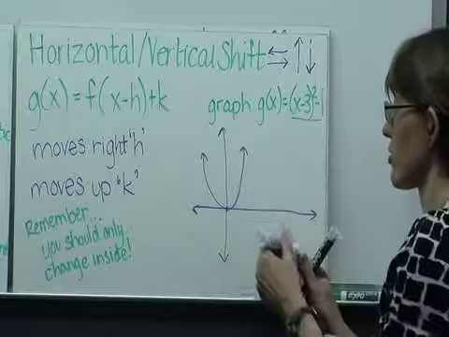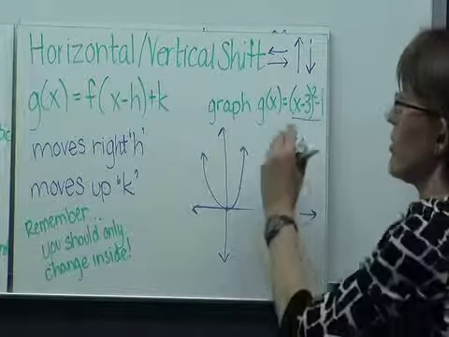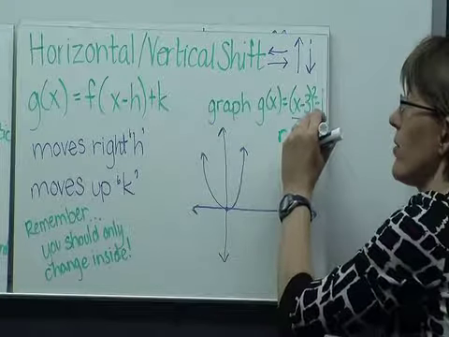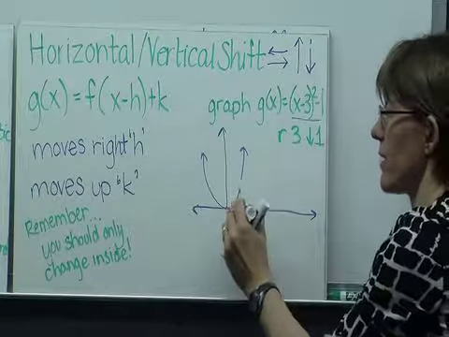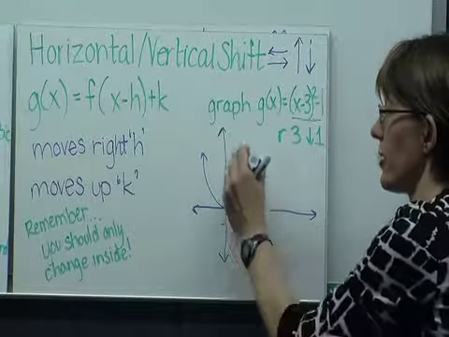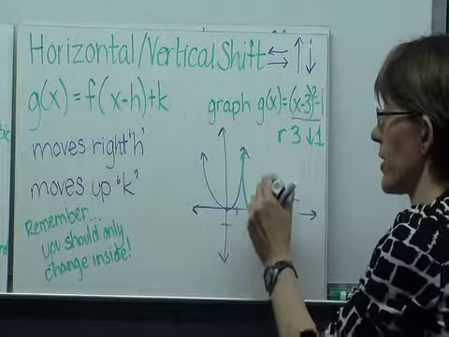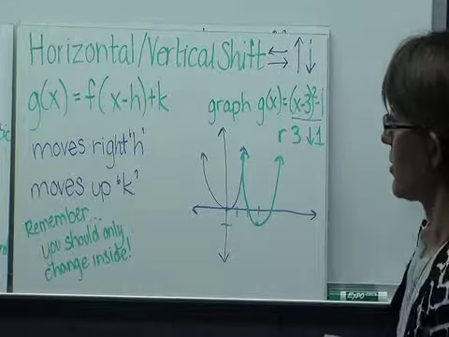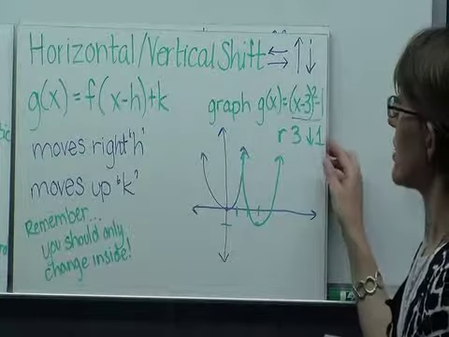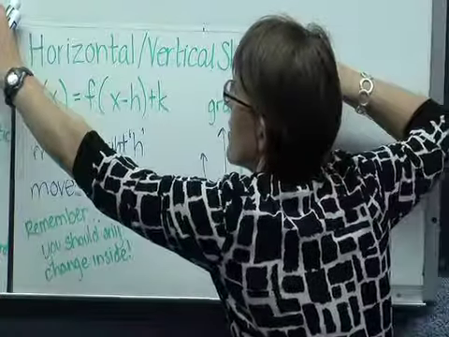My g of x graph is going to move right 3 and down 1. So I'll take this 1, 2, 3 units to the right and down 1. And apart from that, it's going to look just about the same. So you see it looks the same shape. What's changed is its shift.